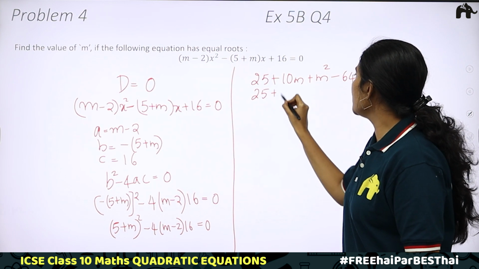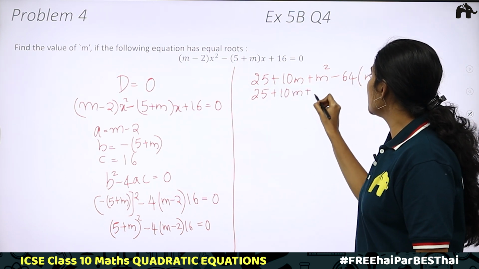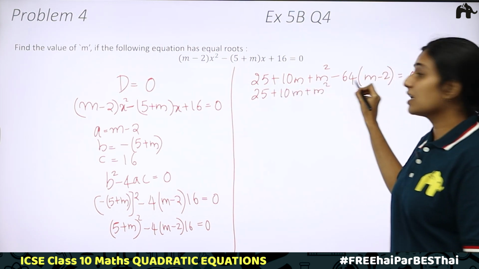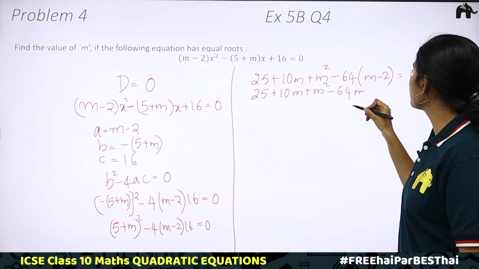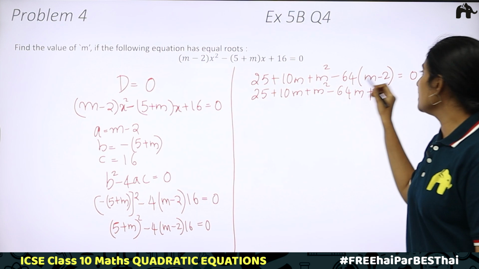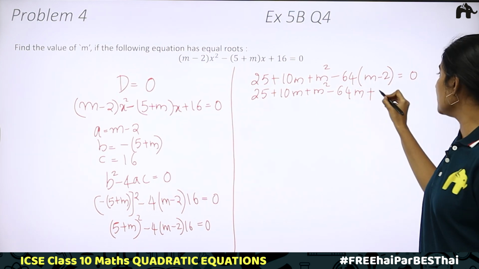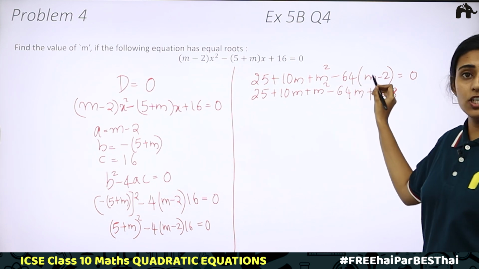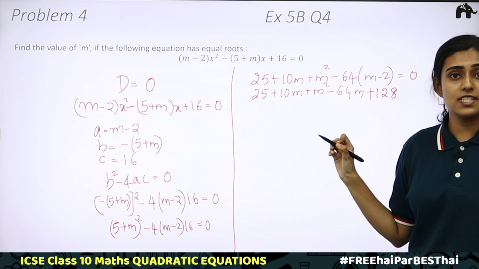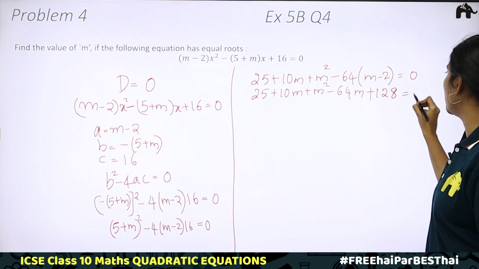25 plus 10m plus m square. Removing brackets, we have minus 64m plus 64 into 2, that is 128. Negative 64 into negative 2, that is positive 128, is equal to 0.